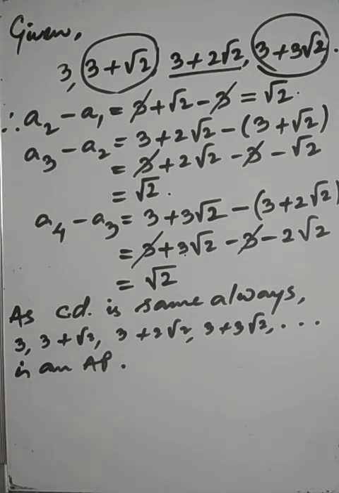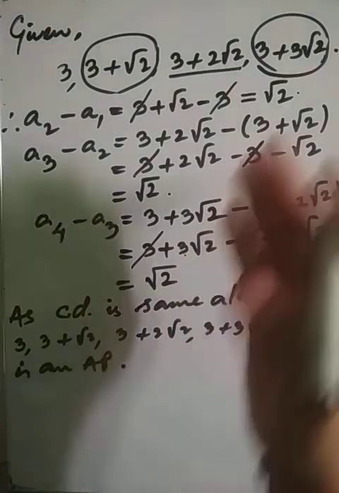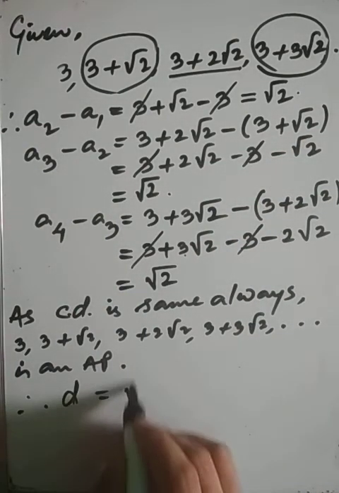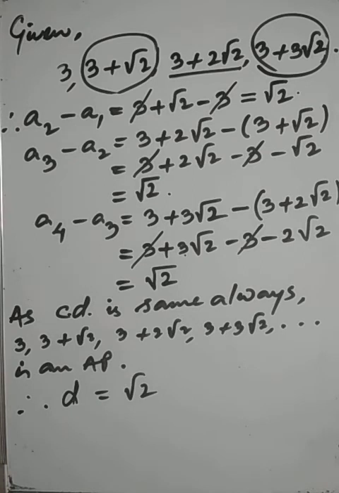But the question says very clearly, first you check whether this list of numbers forms an arithmetic progression or not. If it is an AP, now we have confirmed it's an AP. So if it is an AP, you find the common difference. We already have found it. So the common difference is root over 2. And then we have the last part of the question, write 3 more terms.